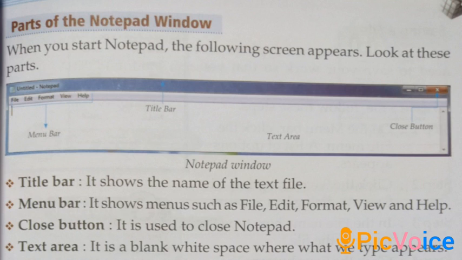Then text area, it is a blank white space where whatever we type appears in that space. This text area is like a drawing area. There we can type or write the text.